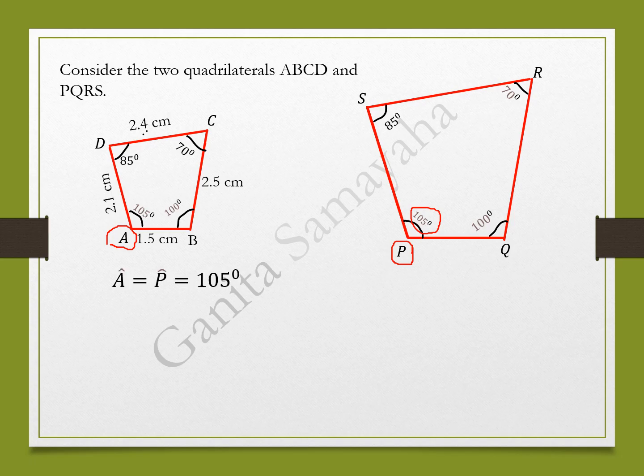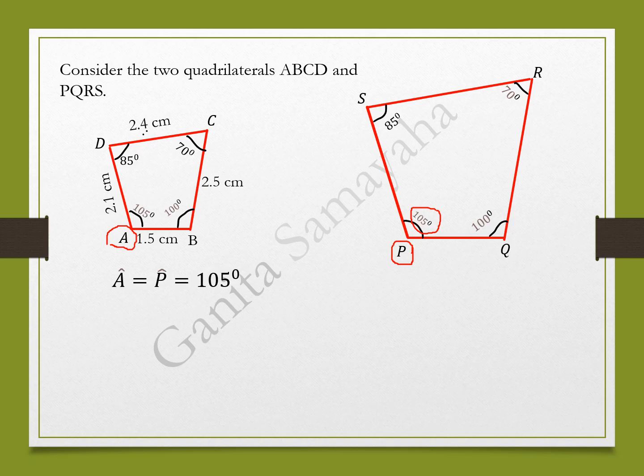Angle A is equal to angle P and each of them is 105 degrees. That's fine. So we say angle A and angle P are corresponding angles. The equal angles are known as corresponding angles.